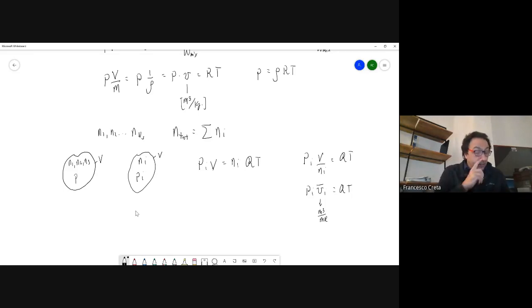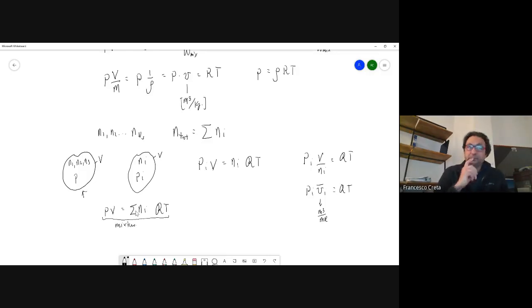Now I can compare, for example, the mixture. For the whole mixture, you have a total pressure, P V is equal to what? The total number of moles, which is clearly the sum of all my numbers of moles, multiplying R T. So that's the mixture, this situation here.